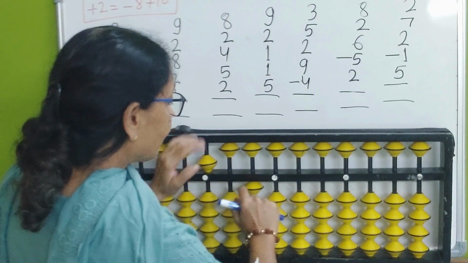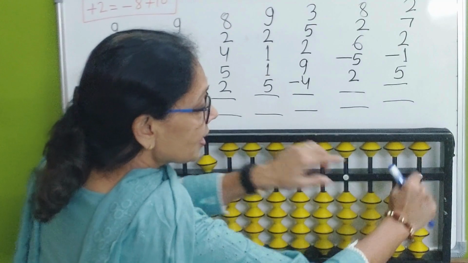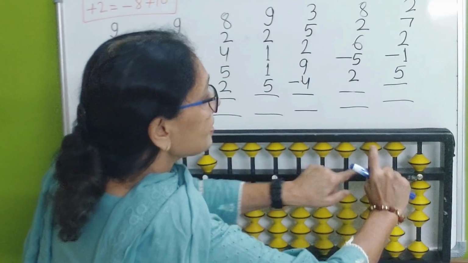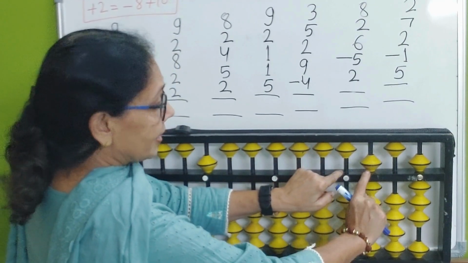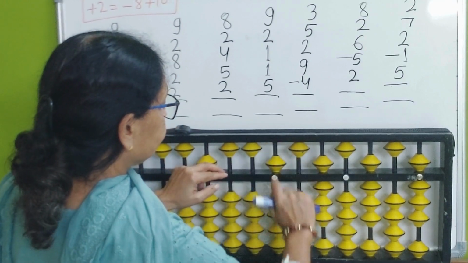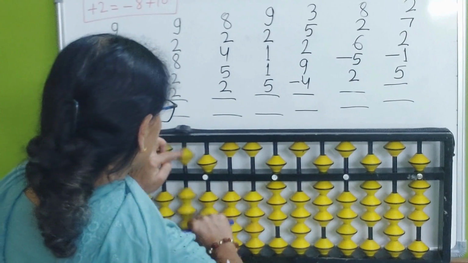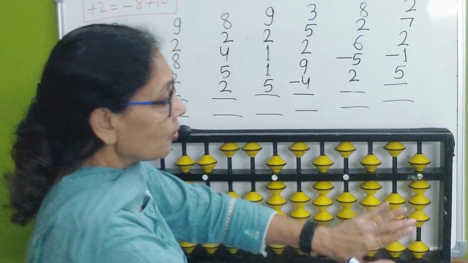So how to memorize? First of all, let's arrange the beads to memorize the formula and practice this. So we are making ones, tens, ones, tens, ones rod. We are going to arrange 8 at the ones. Now let's do the practice of the formula first.